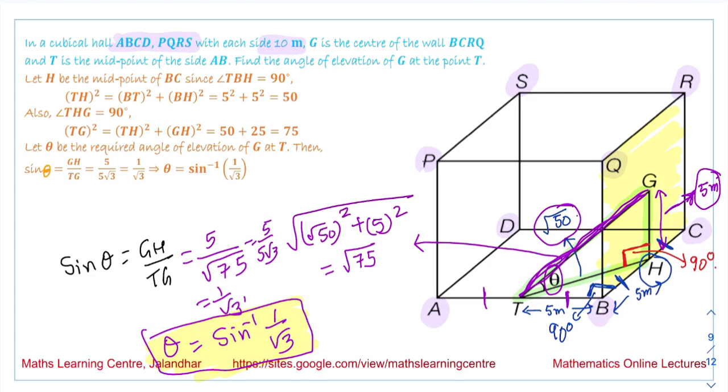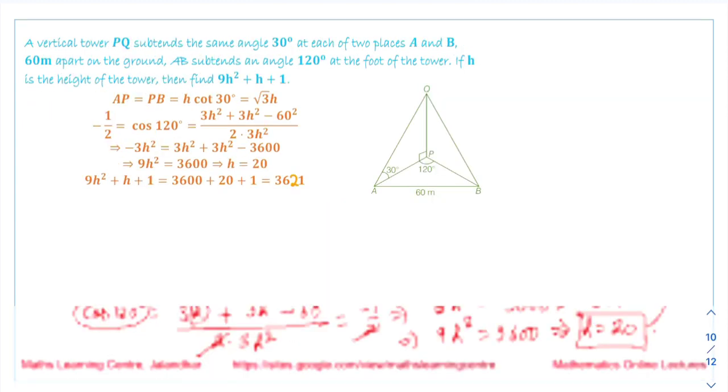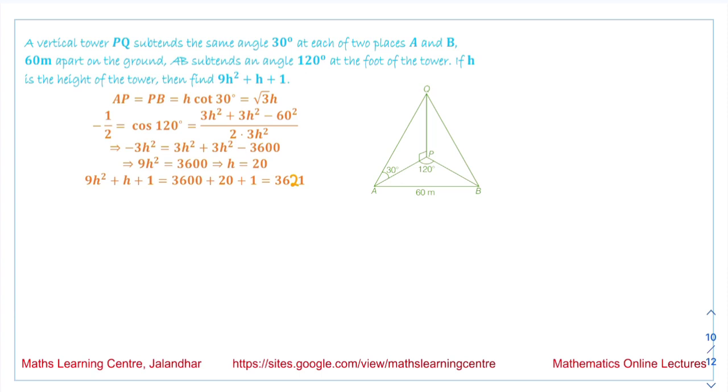Next is a vertical tower PQ. It subtends an angle of 30 degrees at a point each of two places A and B, 60 meters apart on the ground.